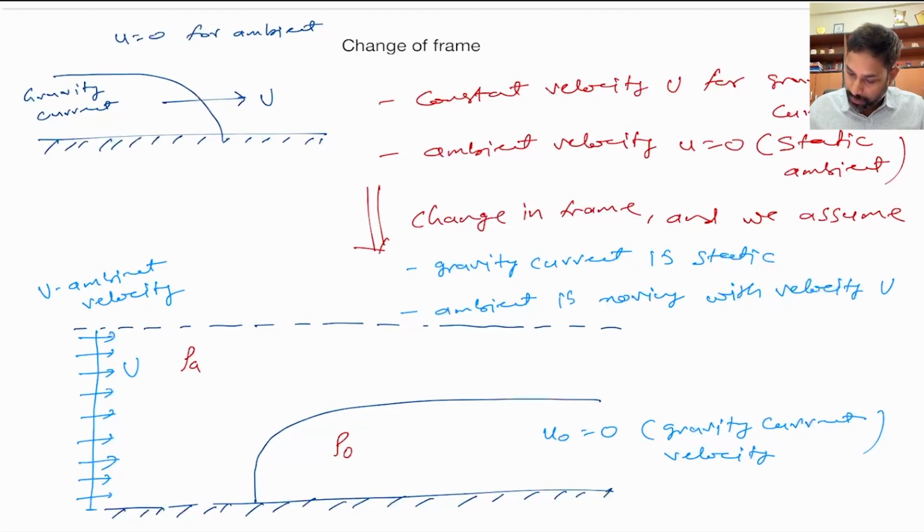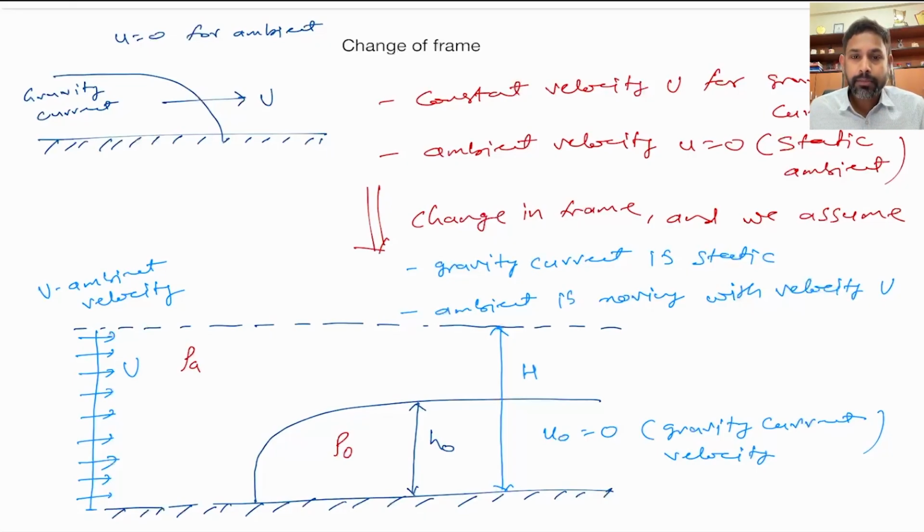Also, because now this gravity current thickness has 0 velocity, let's assume this is h naught, that is the thickness of the gravity current, and we also have total thickness, that is capital H, for the whole medium.